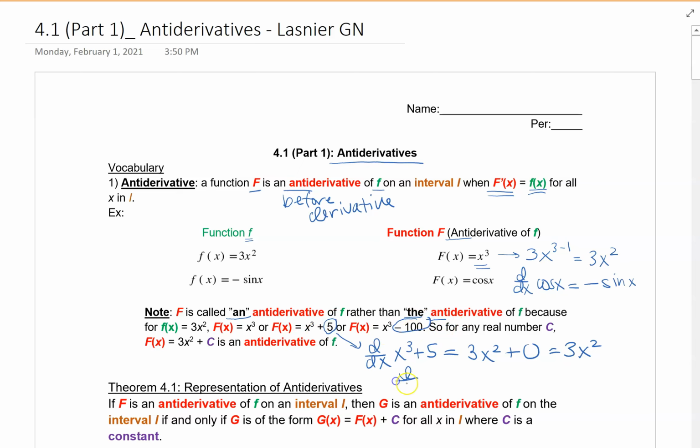Because again, if I take the derivative of this example, x cubed minus 100, I get, again, 3x squared plus 0, which equals 3x squared. So this function and this function and this function all have the same derivative.